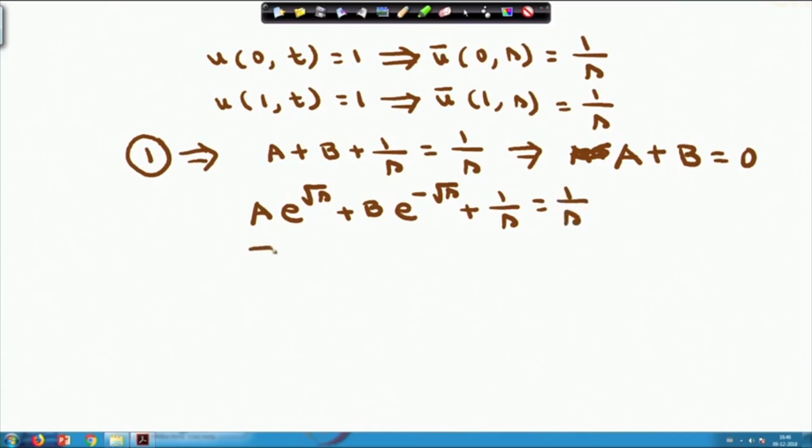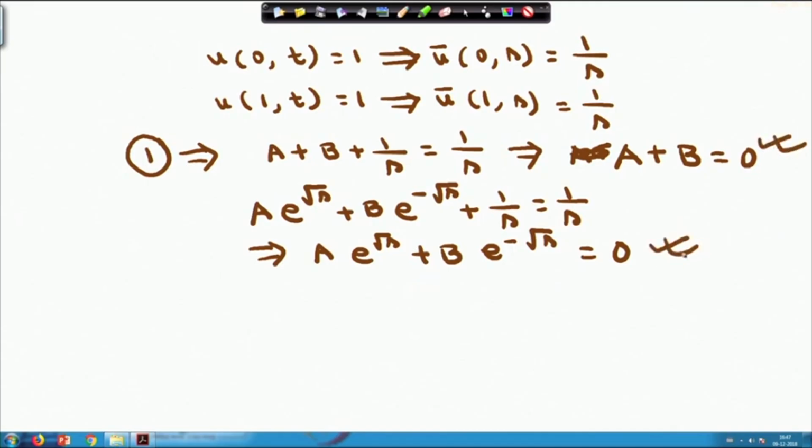So, you can obtain from here a e power root s plus b e power minus root s equals 0. So, you have now two equations, one is this equation, another one is this equation. From these two equations, I have to find out the value of a and b.